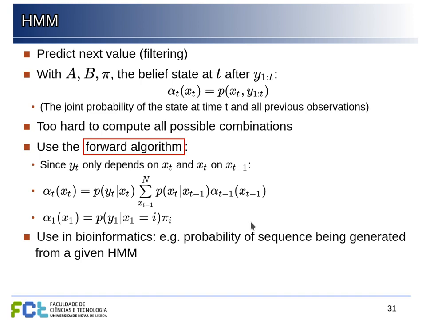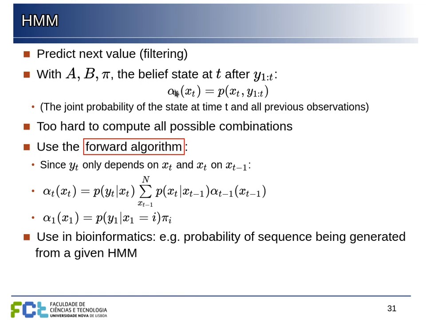So one thing that we can do in bioinformatics with this is, if we have a hidden Markov model trained to represent a family of sequences, so we have the matrices and the pi vector computed for that family of sequences, given a new sequence that may or may not belong to that family, we can compute the probability of that sequence that we observe here being generated by that hidden Markov model.